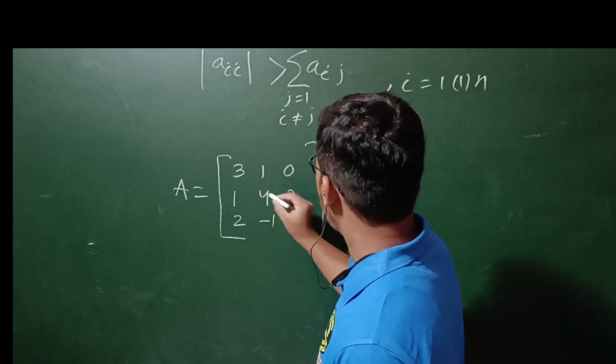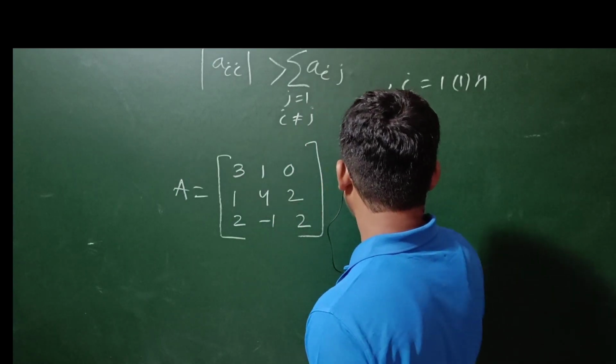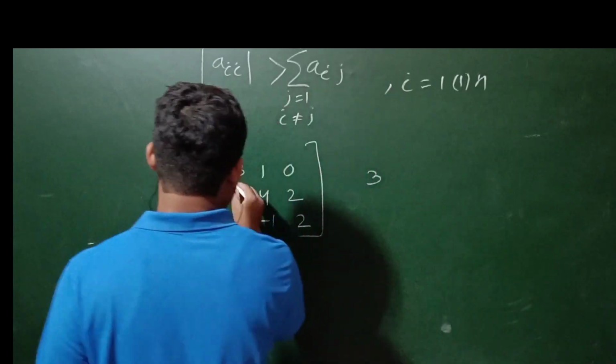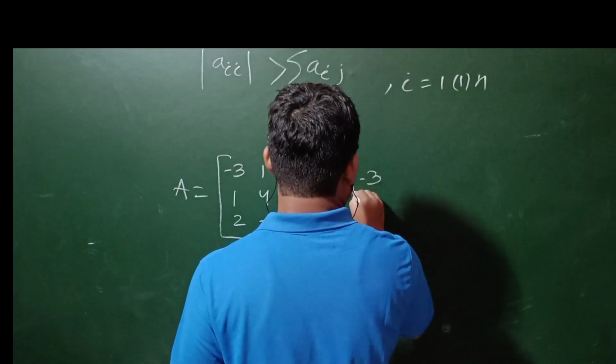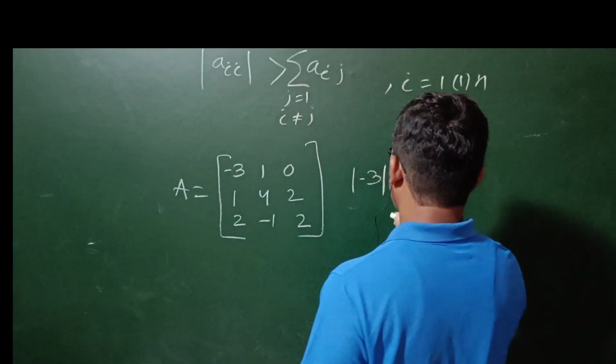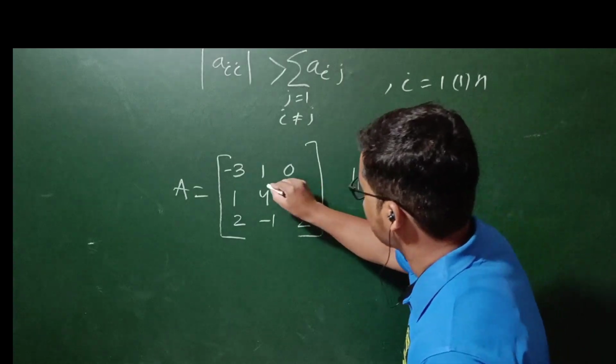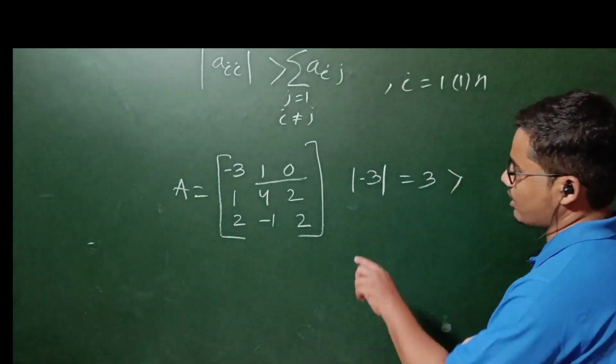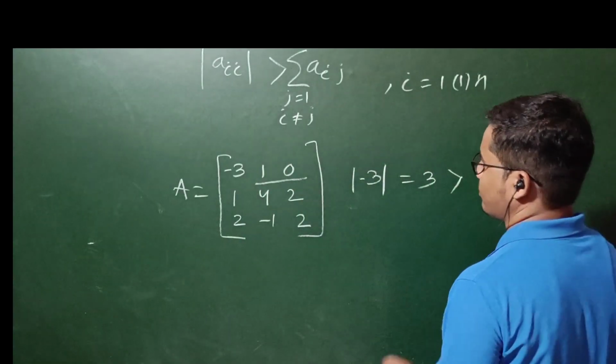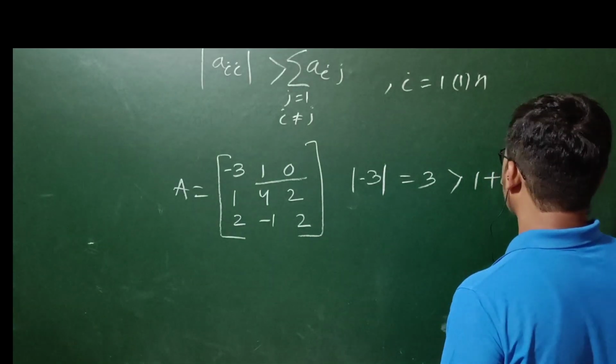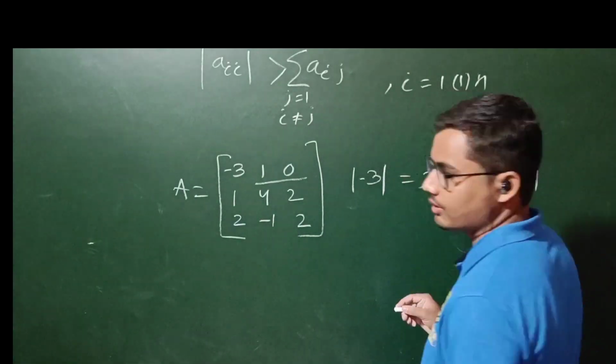Here in the first row, the diagonal element is 3. Suppose this is minus 3. Its absolute value is 3, which is greater than the summation of the other non-diagonal elements in the row, 1 plus 0 is equal to 1.